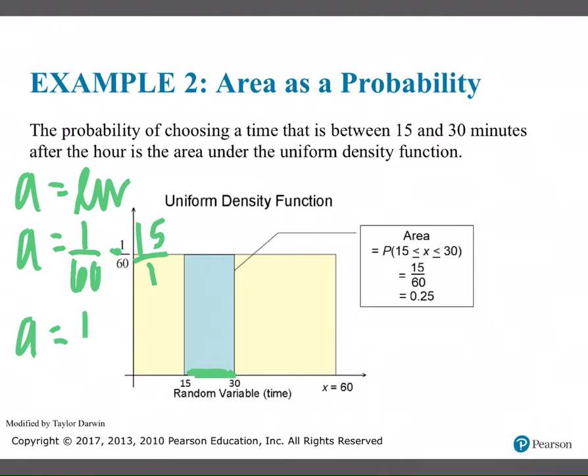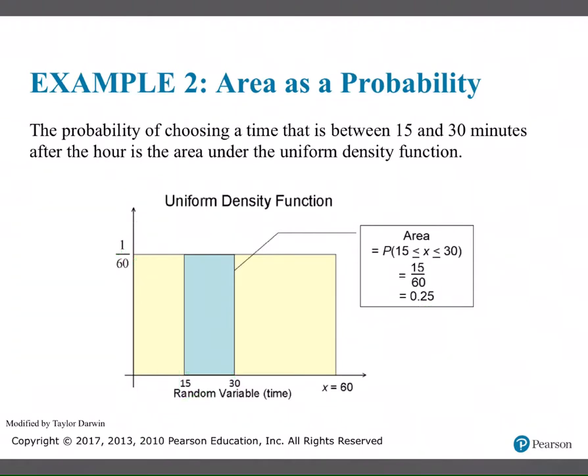So that will give you 15 out of 60, which is the same thing as 1/4, aka 0.25. So we have a 25% chance that our package will get delivered between 15 and 30 minutes.